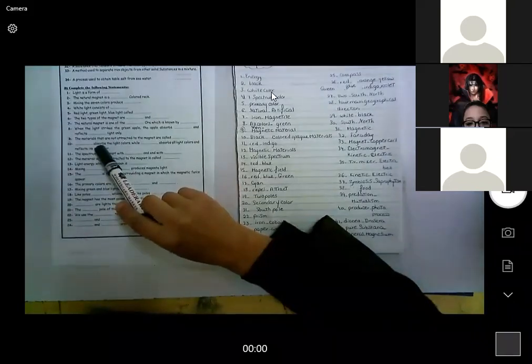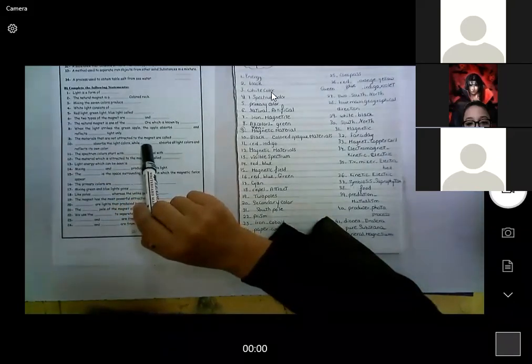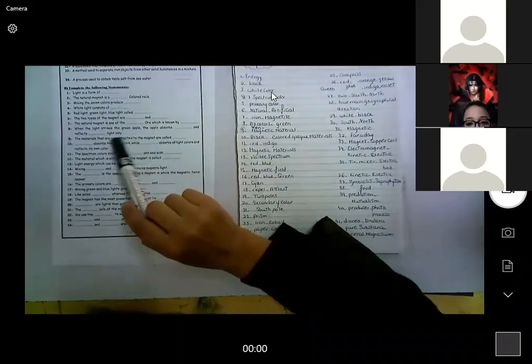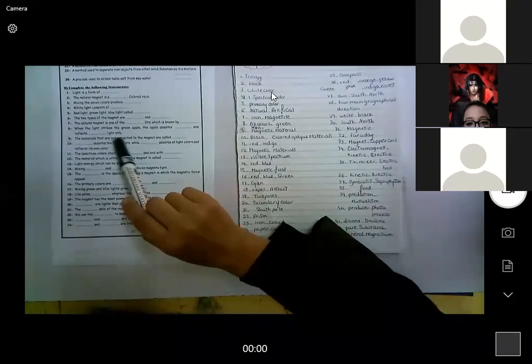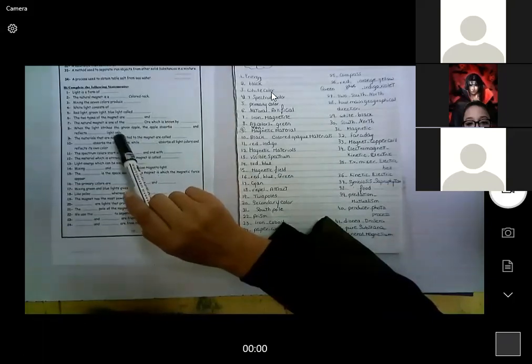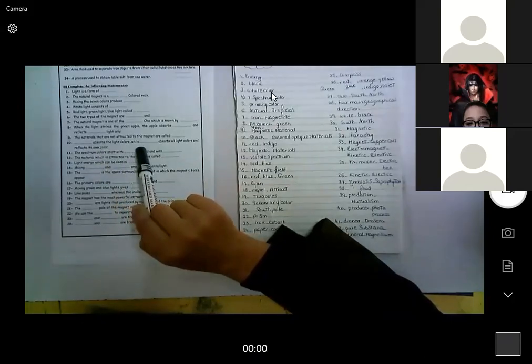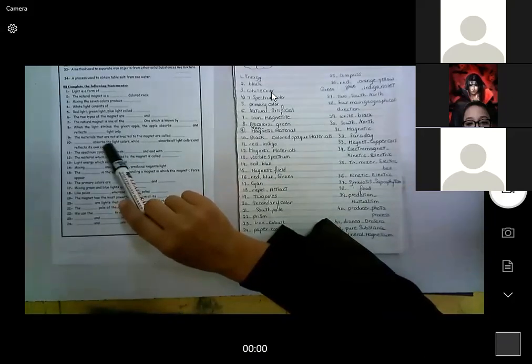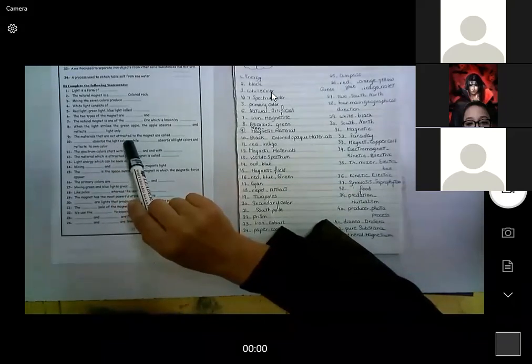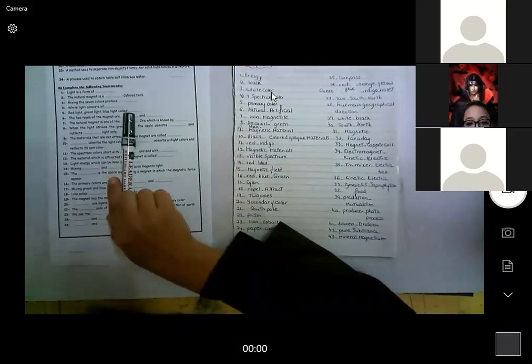The materials that are not attracted to the magnet are called what? Non-magnetic materials. Number 10, absorbs all the light colors and reflects its own color. If I say absorb all the light colors and stop, I am going to write black color.